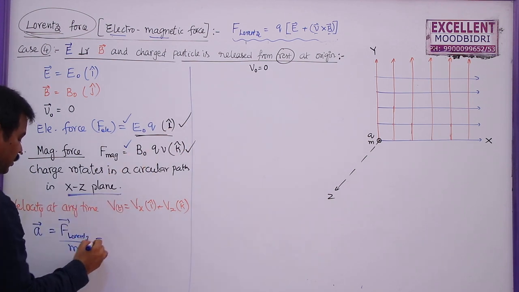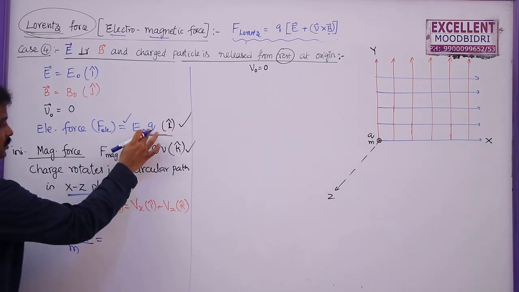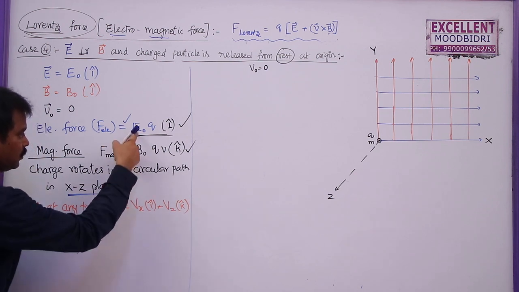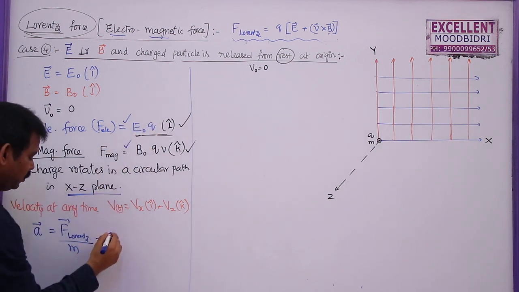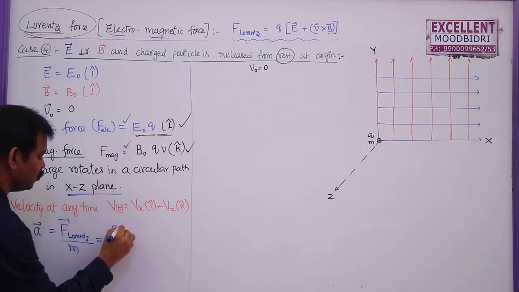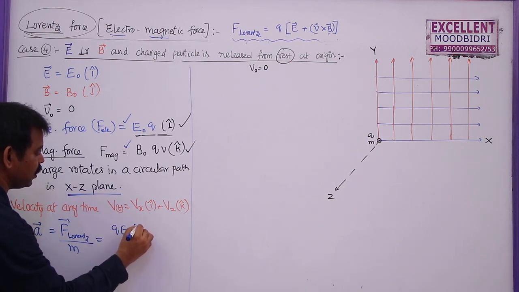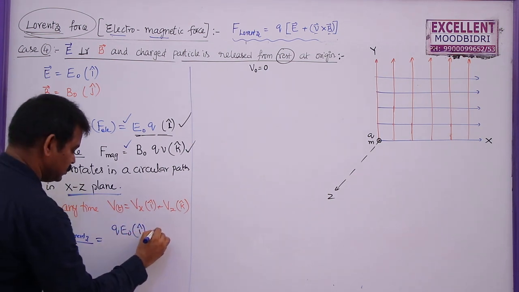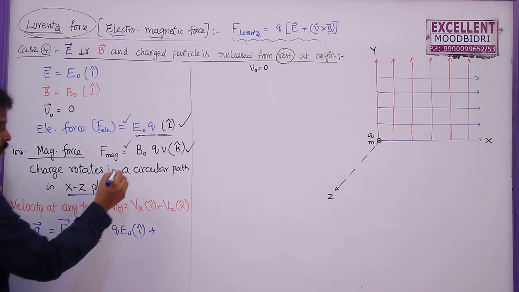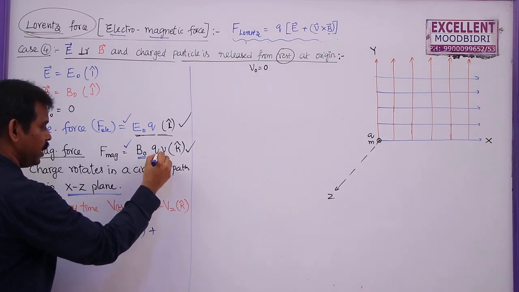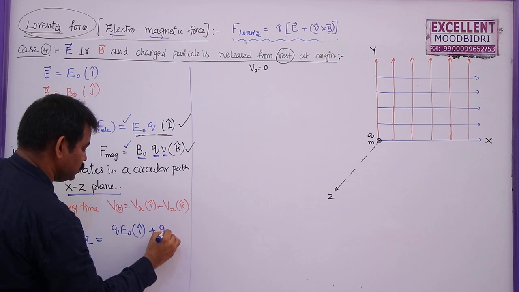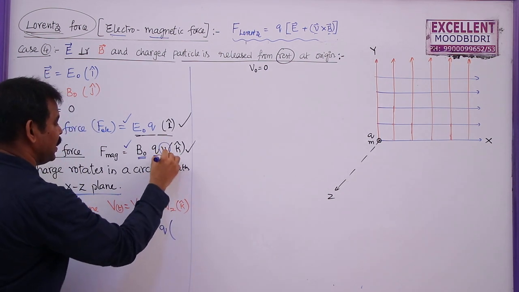So here what is the net force? This plus this. So I am going to write the first electric force, this is Q E naught along x-axis, plus what is the magnetic force? Magnetic field into charge into velocity. So charge Q into what is the velocity?